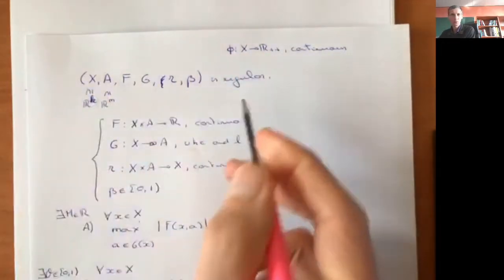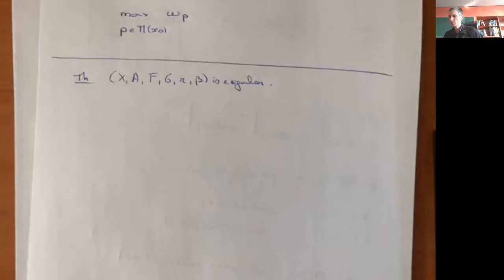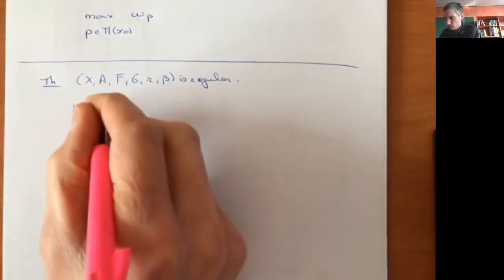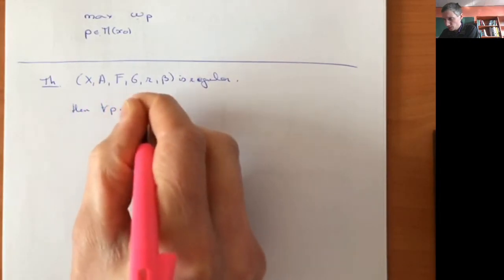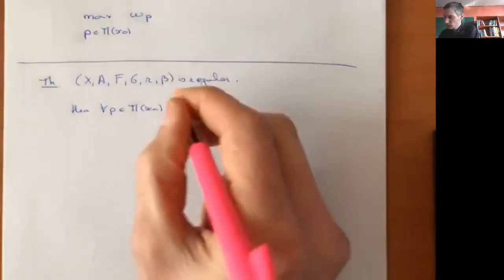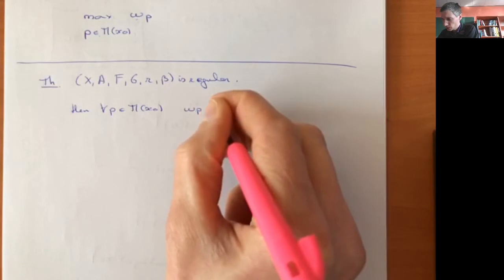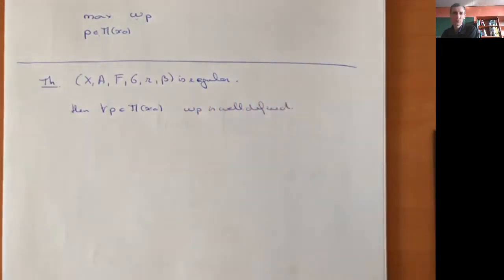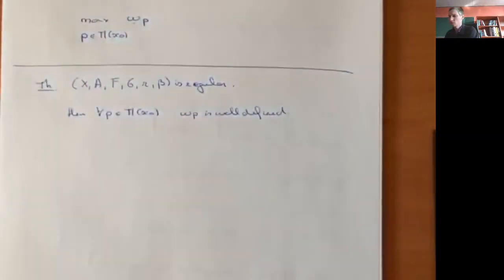So we say that the problem is regular if all these conditions are satisfied. Well, then for all paths that start at x0, W(P), this number exists, right? That's the first thing that we need to show.